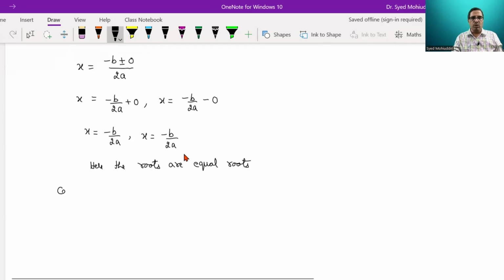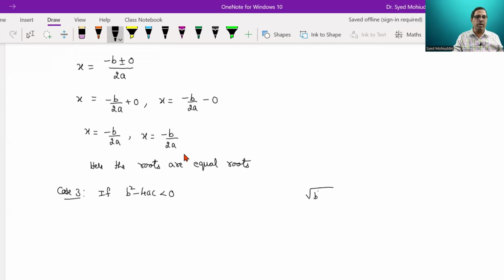Now let us move on to case number 3. If the value of b square minus 4ac is less than 0, then under the root, b square minus 4ac less than 0 means it is a negative value. So the square root of a negative value cannot be a real number.